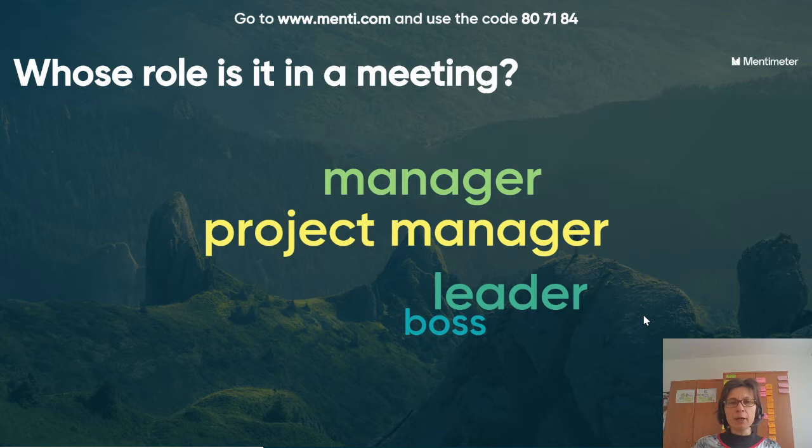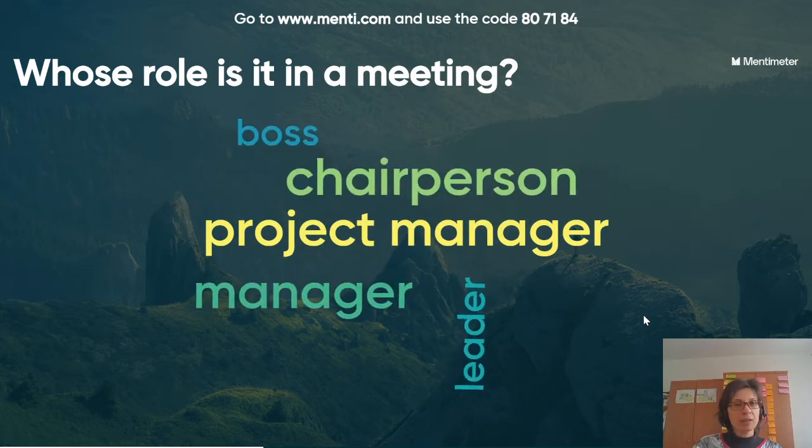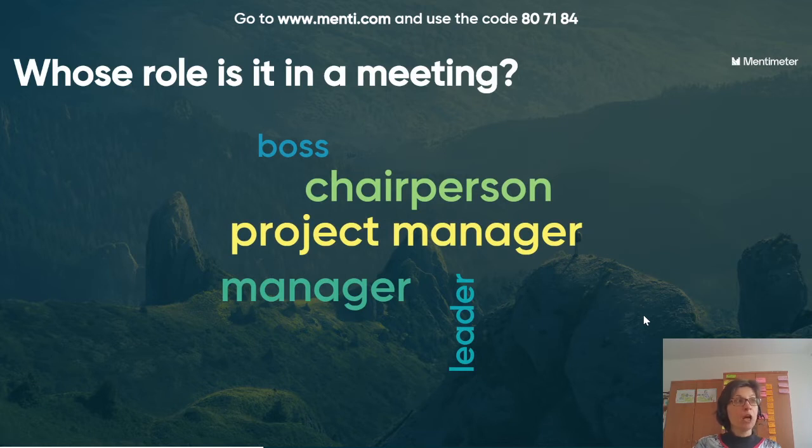So if there are no organizing principles, somebody who takes the leading role, maybe a manager, a project manager, a leader, a boss. Okay, this could be a thinking hat in a meeting as well, or in any kind of thinking process or process of working together. A chairperson maybe in a meeting. Okay, absolutely okay.